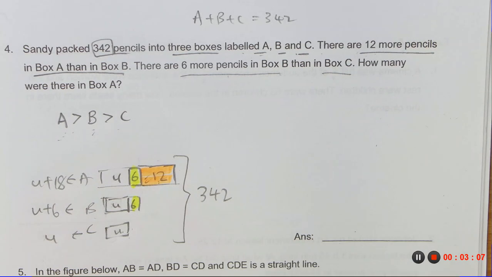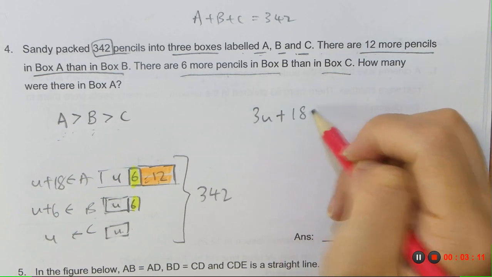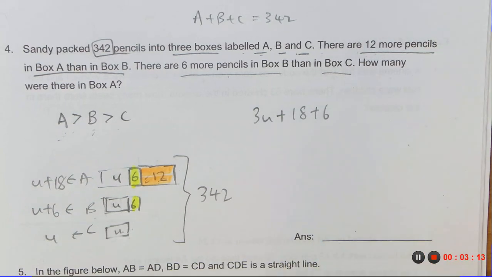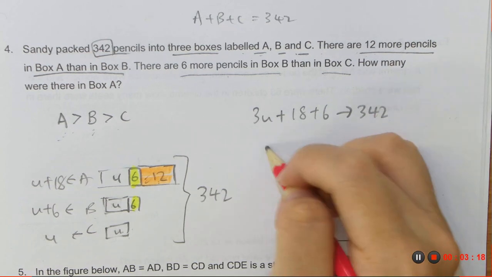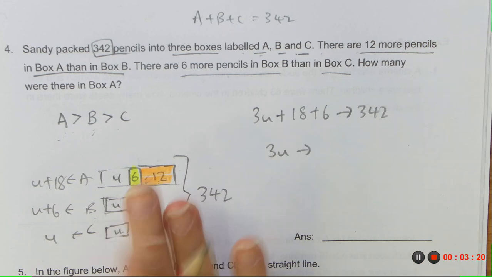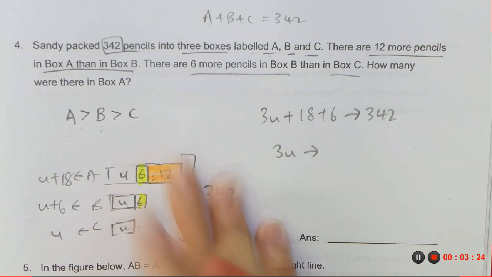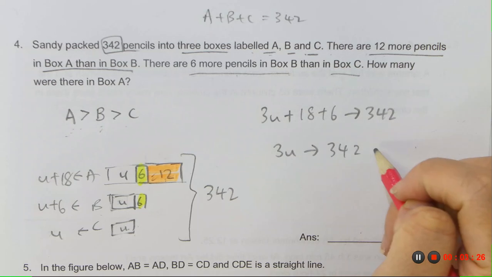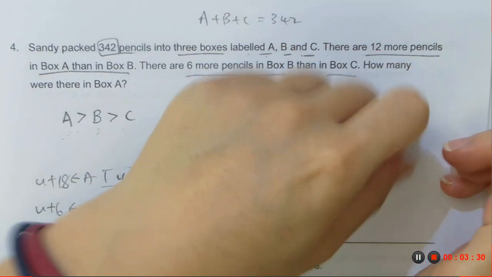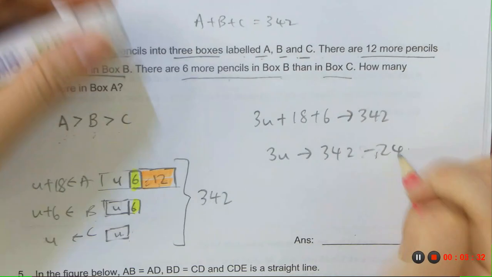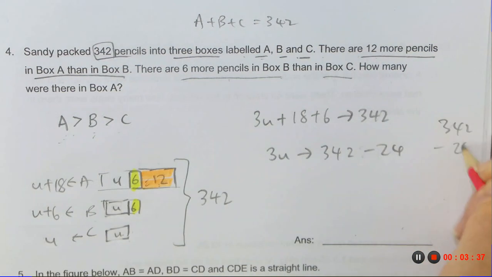Which means all of them will be 3U plus 18 plus 6, equals to 342. Which means that if I want to find 3 units, I just take away all these things. So 342 minus 18 minus 6 will be 24. 342 minus 24.